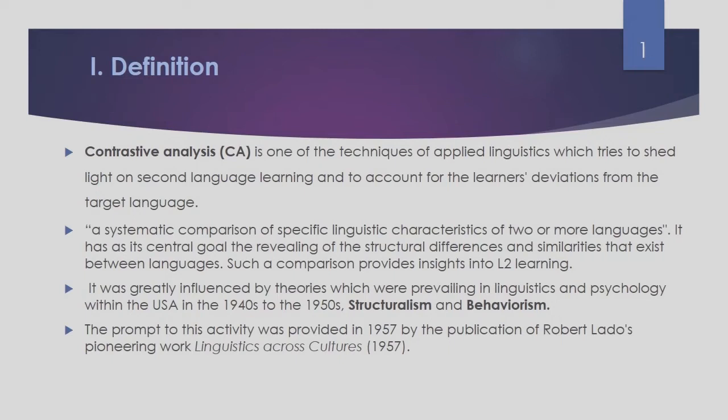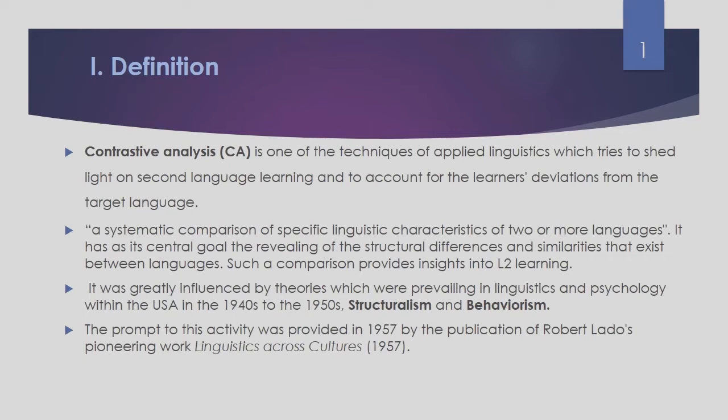Contrastive analysis is defined as a systematic comparison of specific linguistic characteristics of two or more languages. The goal of this comparison is to discover the structural differences and similarities that exist between languages. What do we mean by the structural differences and similarities?